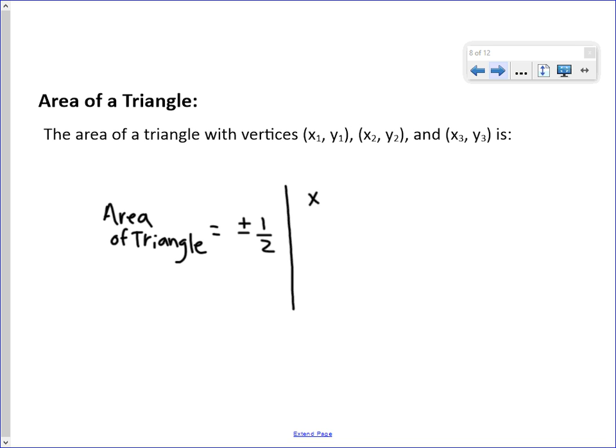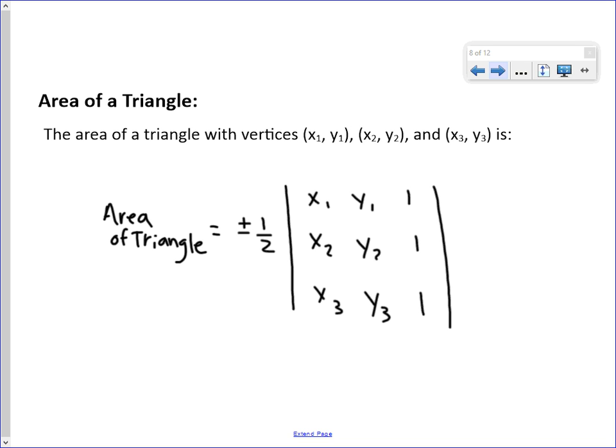And we just, in each row, put a coordinate, but we need it to be square, so the last column is going to be 1. Now, there is a proof for this. If you're interested in looking at the proof, you could look online, or I'm not sure if it's in the textbook at the end of chapter 8.